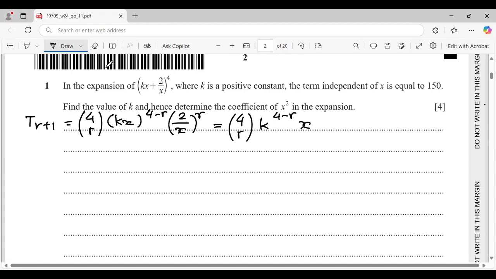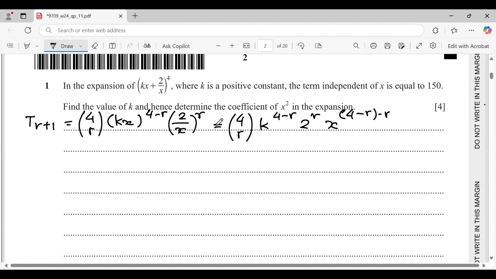I would like to write 2 to the power r, and then x to the power 4 minus r, and minus r, like this.